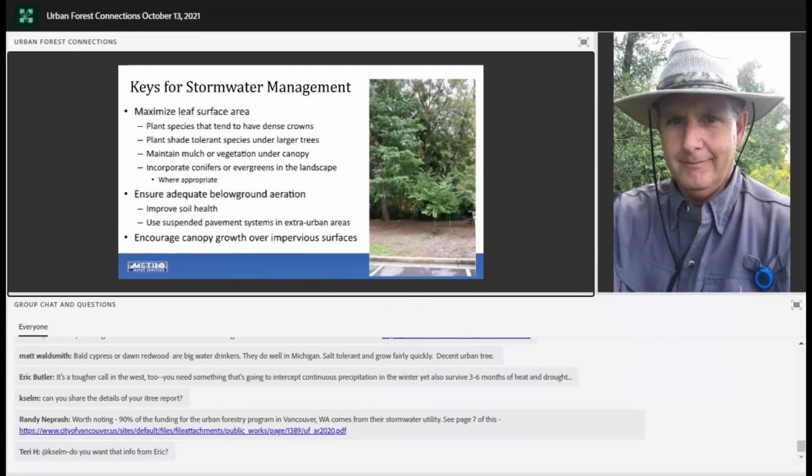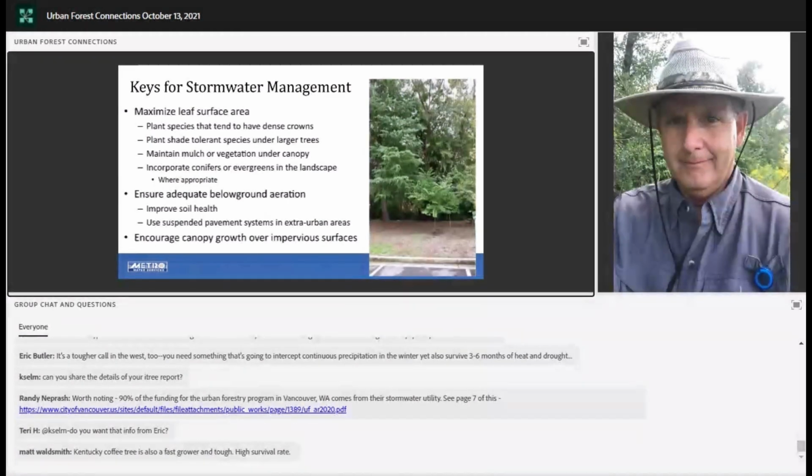So as I wind up, some key points to remember for stormwater management. To maximize leaf surface area, plant species that tend to have dense canopies, and plant shade-tolerant species under larger trees if you can. Maintain mulch and vegetation under the canopy to get more volume control. Incorporate conifers and evergreens in the landscape where you can, because that way you'll get year-round volume control.